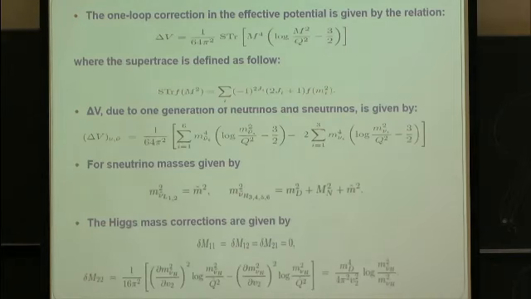We calculated this using the usual procedure where we compute the one loop, and here also there is no hierarchy in the Yukawa couplings of the right-handed neutrinos with the Higgs, not like the top.